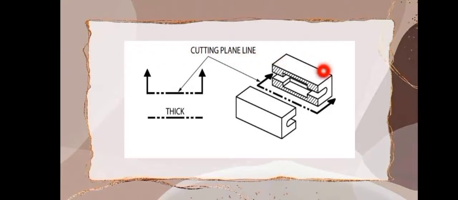And again, the one with the arrow in the middle here is the cutting plane line, which shows the part has been sliced to make the section view. This is the direction in which you are looking at the sectional view.